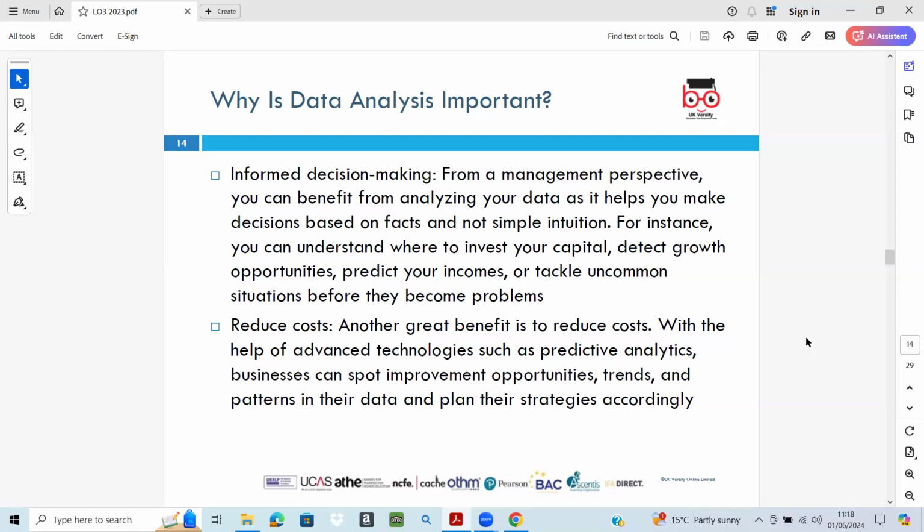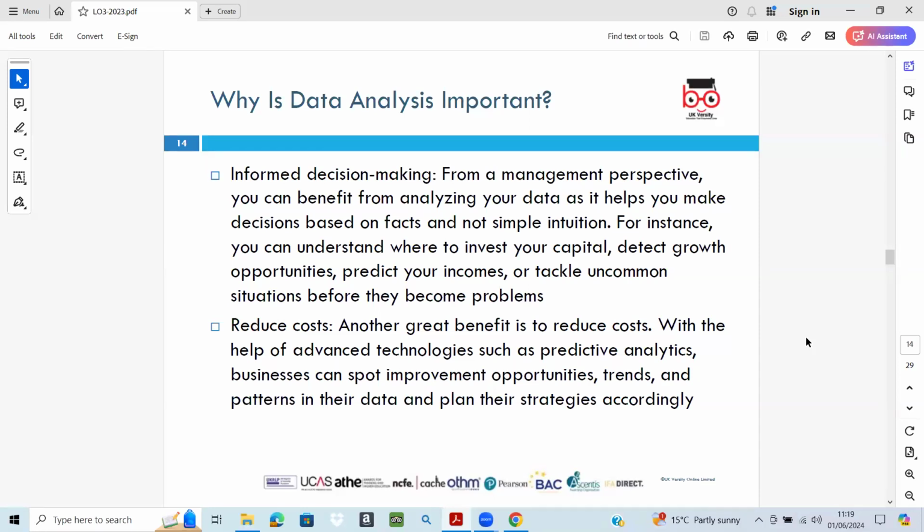We have improved efficiency and effectiveness. Data analysis helps businesses streamline processes, identify bottlenecks, and enhance overall efficiency across operations. An example is that by analyzing data on customer behavior, businesses can tailor their marketing campaigns, improve customer service, and drive customer satisfaction levels.